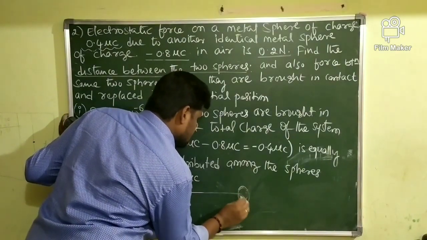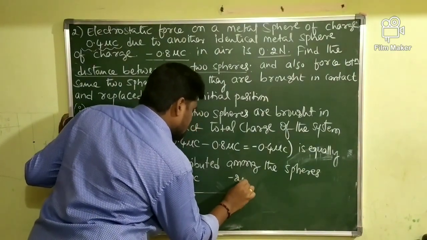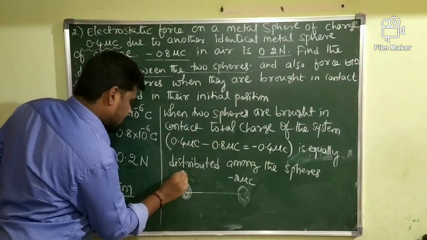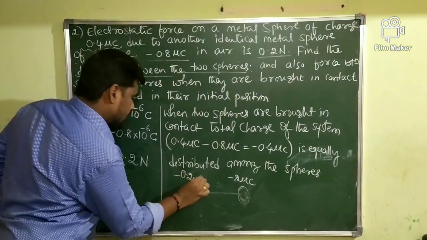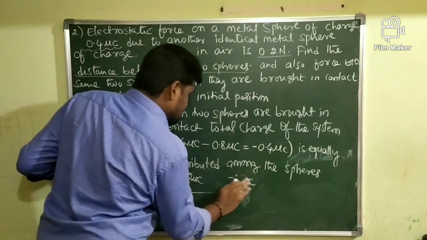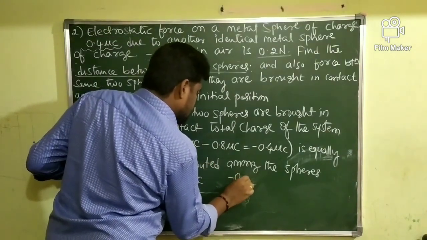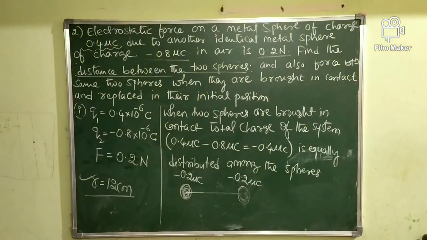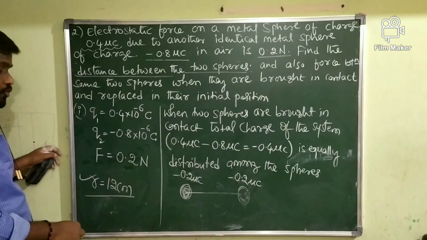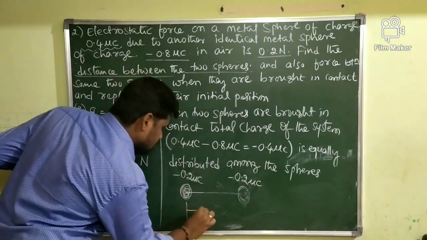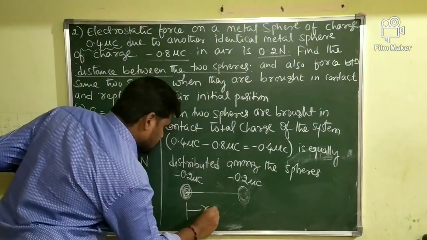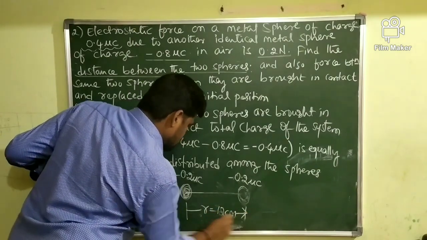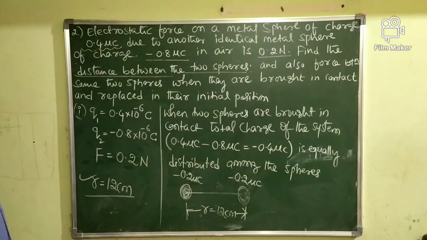Second sphere is also going to get minus 0.2 microcoulomb. And they are placed in their initial positions. Therefore, the distance remains the same. The R will be equal to 12 centimeter.